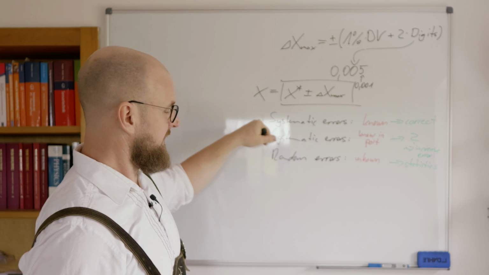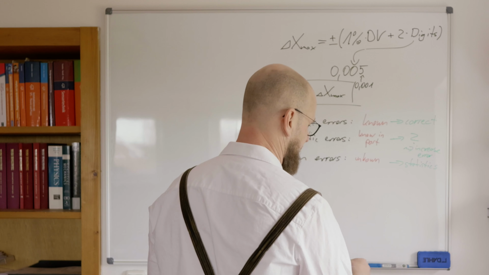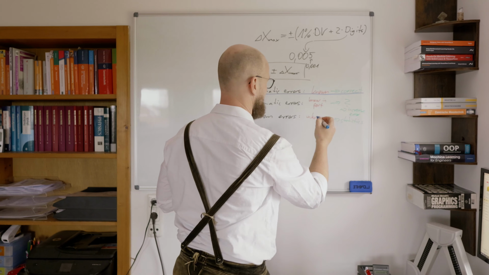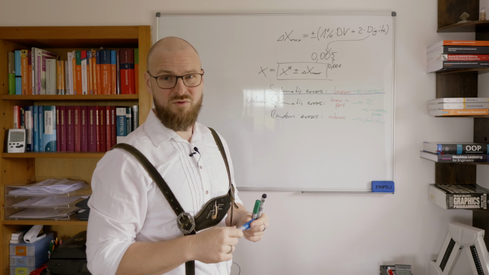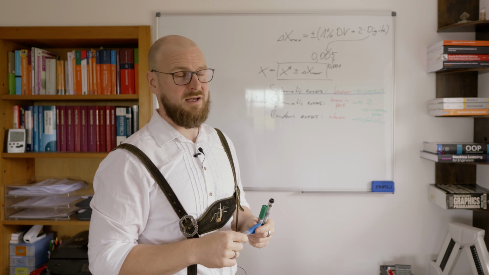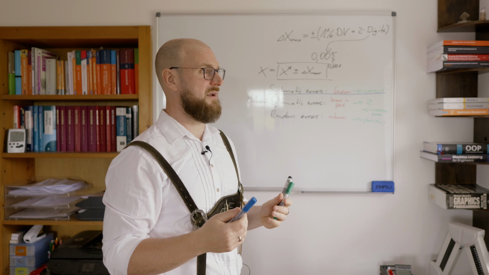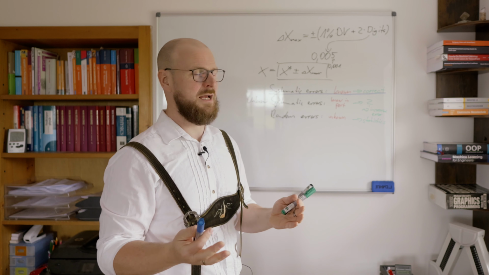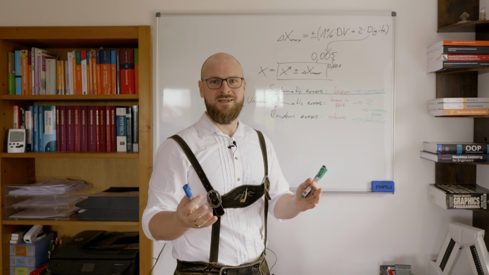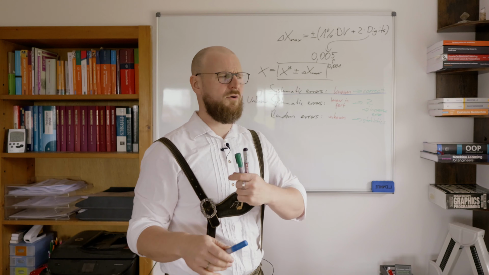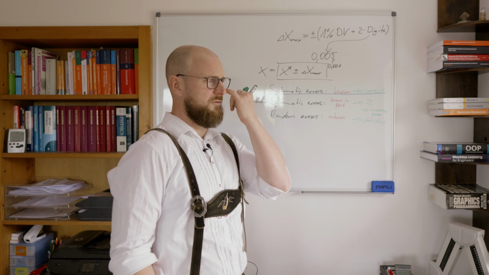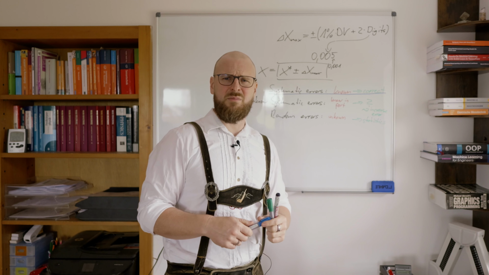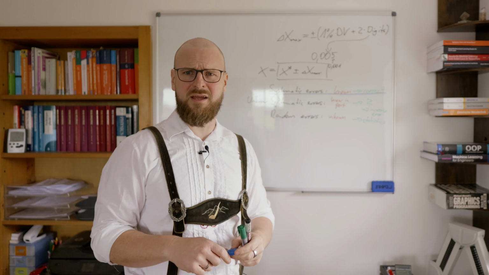The most important thing perhaps is that whenever you know something about an error, or better said, whenever you know the error, correct it. Sounds stupid, but sometimes we feel lazy. I know there's an internal resistance of my voltage measurement device, but oh man, that's complicated to correct.